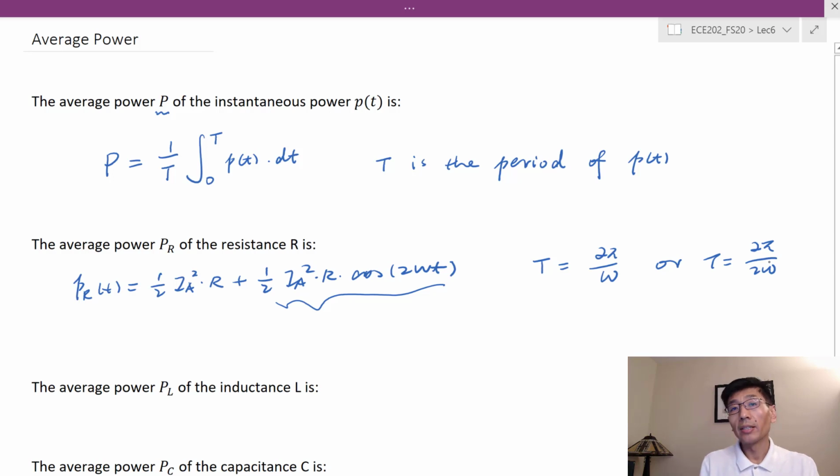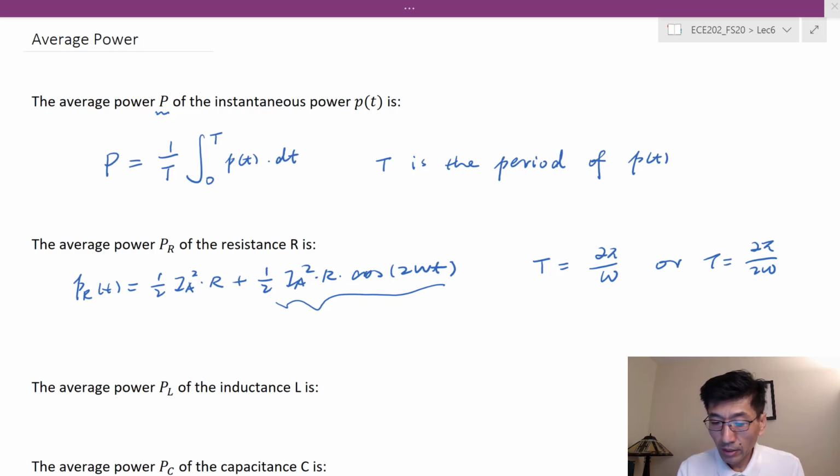Because omega is the frequency of the current and voltage, the instantaneous power actually varies in two cycles, with two peaks in this period.